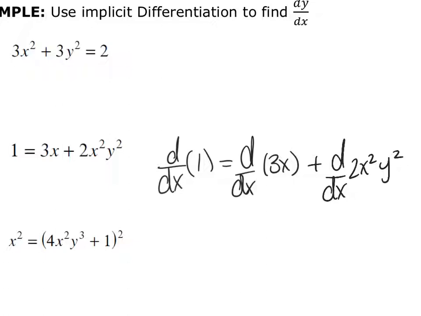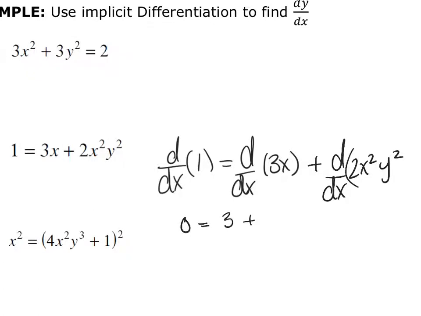Okay? The derivative of 1 with respect to x is just 0 because it's a constant, so we don't have to worry about that. So we get 0 is equal to. Now, the derivative with respect to x of 3x is just our usual rules, so it's just 3.